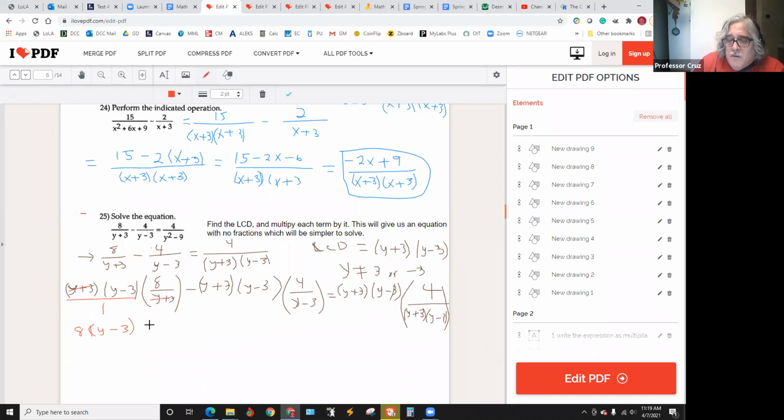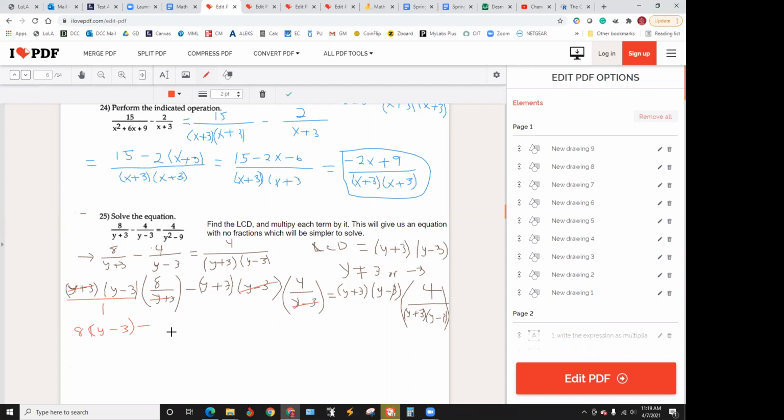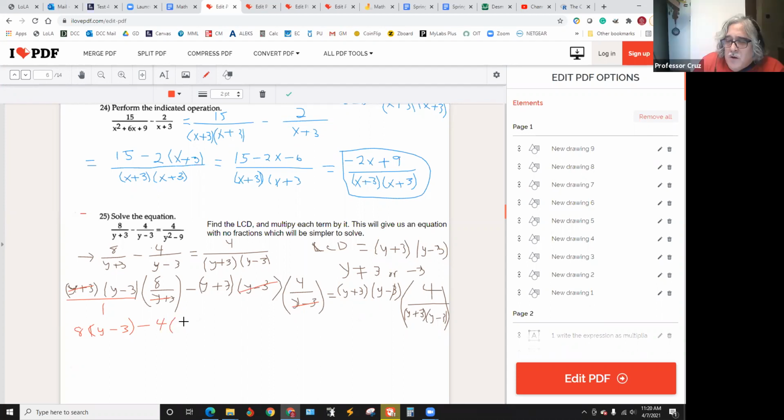Over here, y minus 3's are gone, and we have -4 times y, and the good news is that's the hard part over here. Both of them come out. And we're only left with 4.